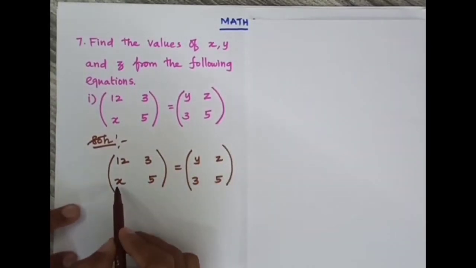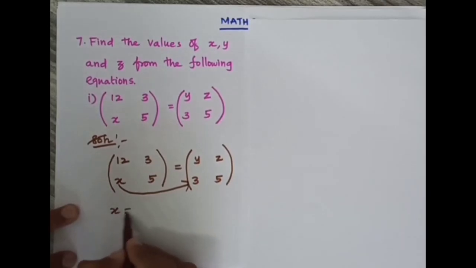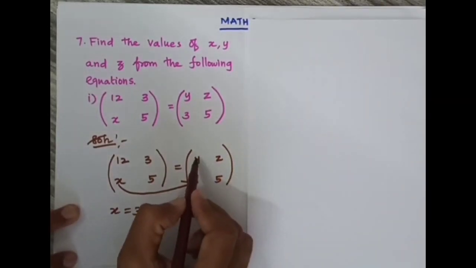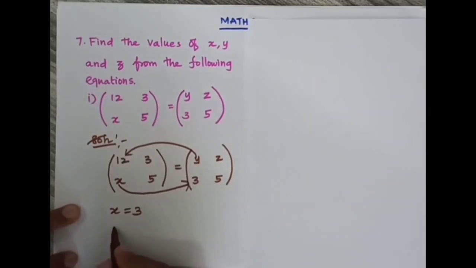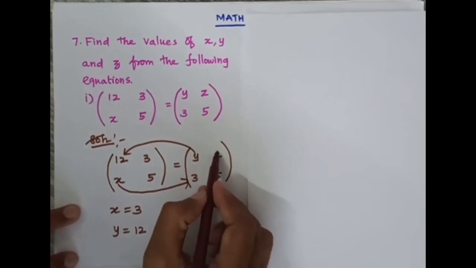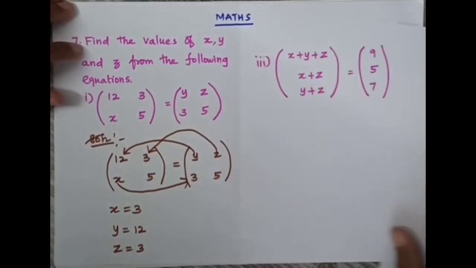So this x value is equal to 3. Likewise, y value is equal to first element. Y is equal to 12. And then z value is equal to the next one.